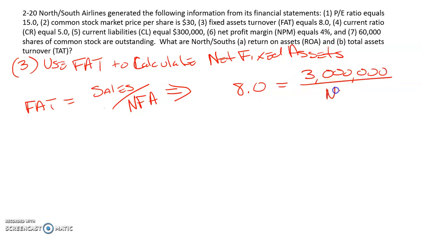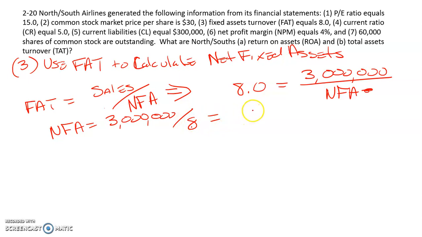So net fixed assets is equal to 3 million divided by 8, which is $375,000.